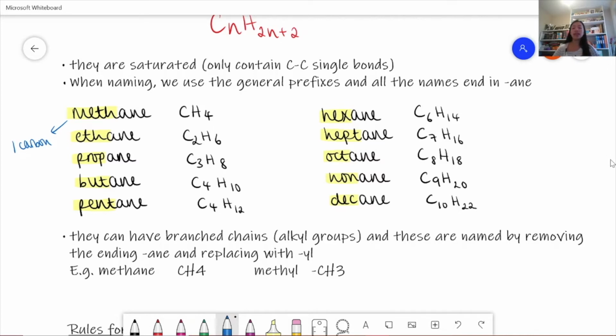That's how we get CH4, because if we put 1 into the general formula CnH2n+2, we get C1H2 multiplied by 1 plus 2. So we get CH4, and that's methane. Then eth indicates that there are 2 carbons, so you sub in n equals 2 into the general formula, and end in -ane because they're all alkanes.